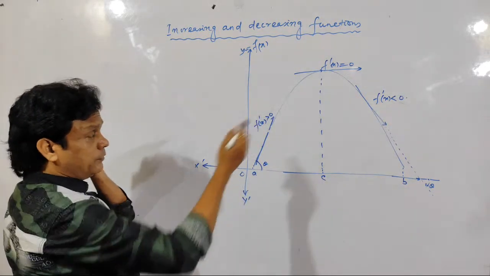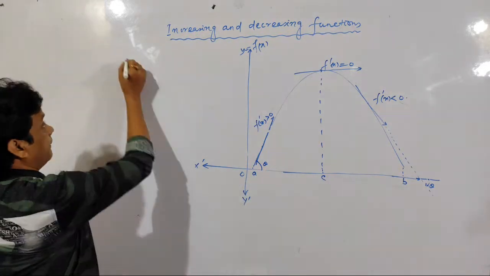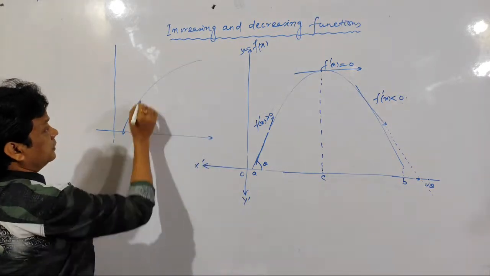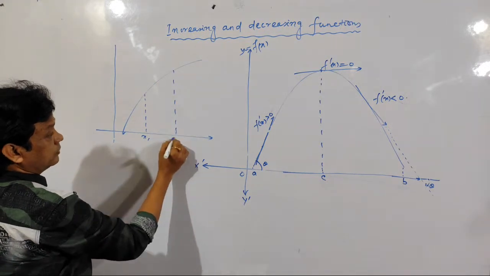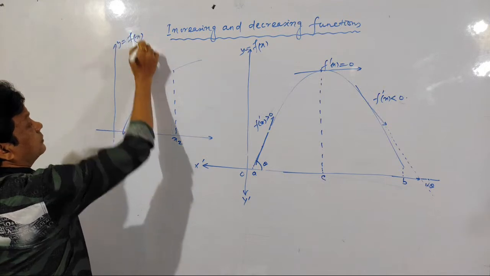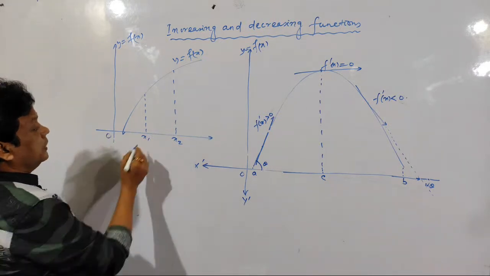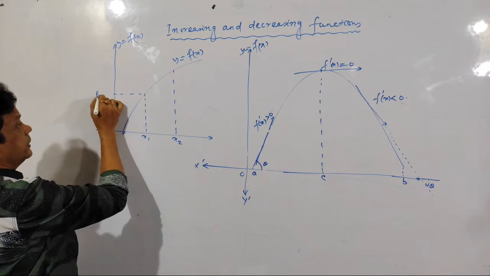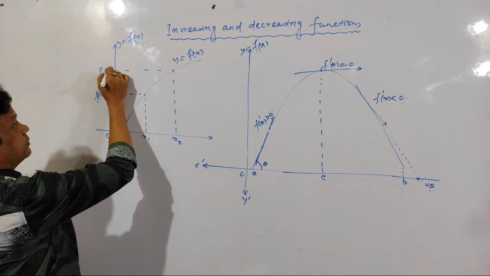This one I have given the conditions, but what is the definition of increasing and decreasing functions? Let us see here. And that is a very interesting definition. I am taking this one as x1 and this one as x2, and y is equal to f of x, and the graph is y is equal to f of x, and the corresponding value of x1 is f of x1, and the corresponding value of x2 is f of x2.